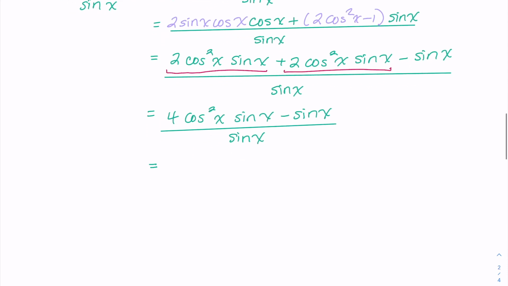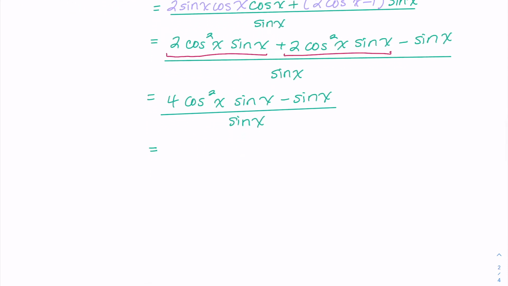Okay, so now we can factor the sine of x out of the numerator, and we're left with the cosine squared x minus 1. And I think I meant 4 cosine squared x minus 1.